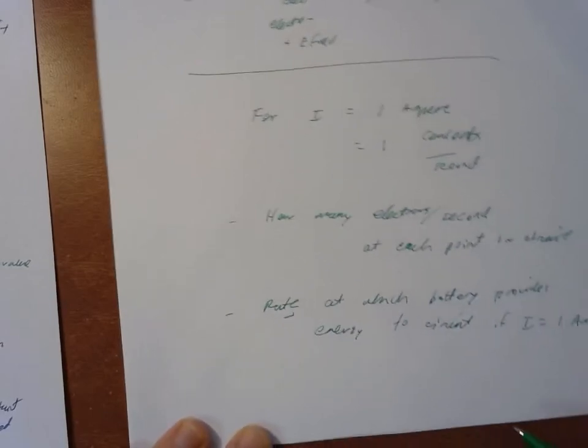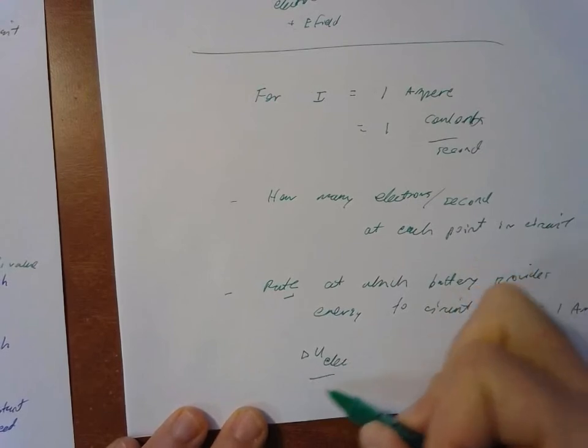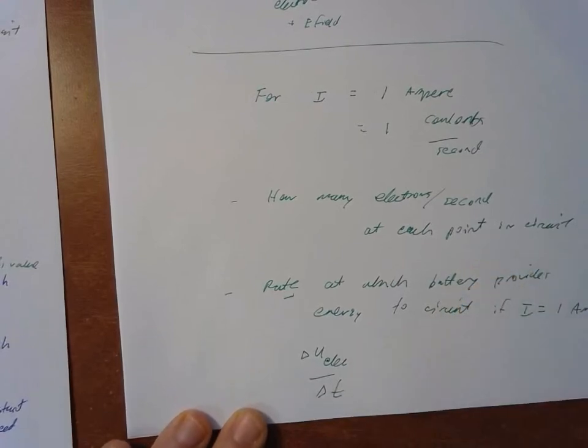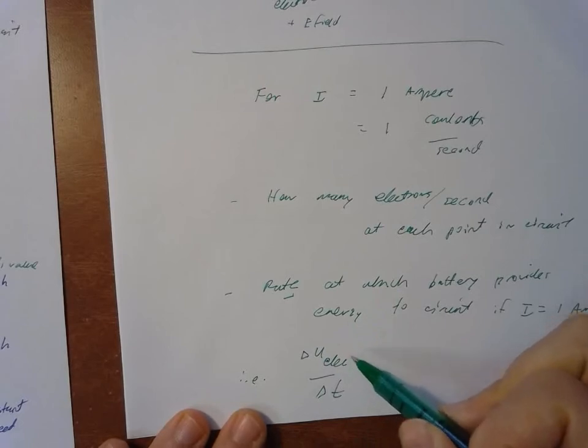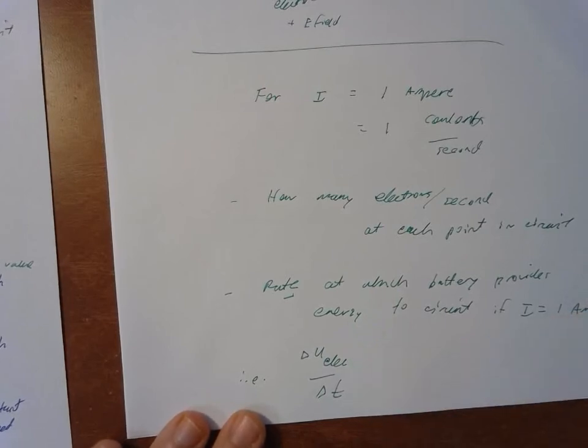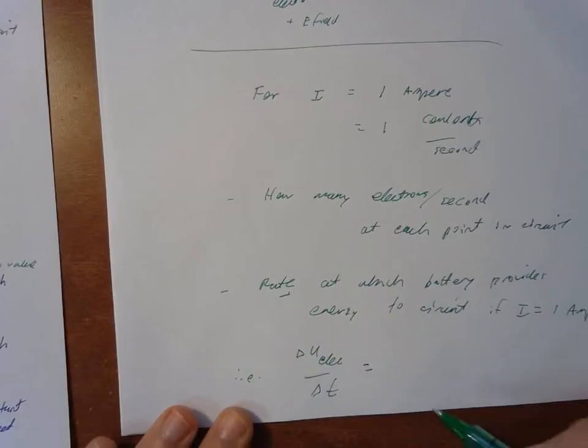Now, a rate means the change in electric potential energy per time. You're going to find how many joules of electric potential energy per second the battery is delivering. And that's an easy calculation to do.